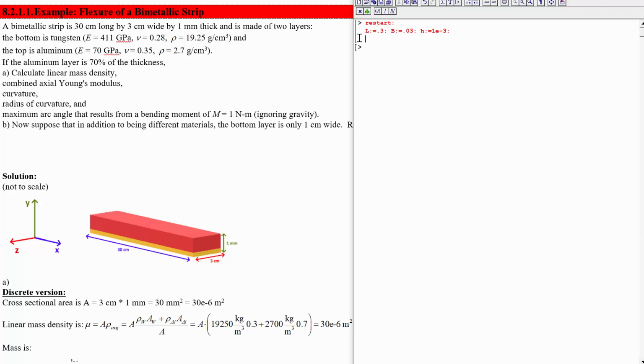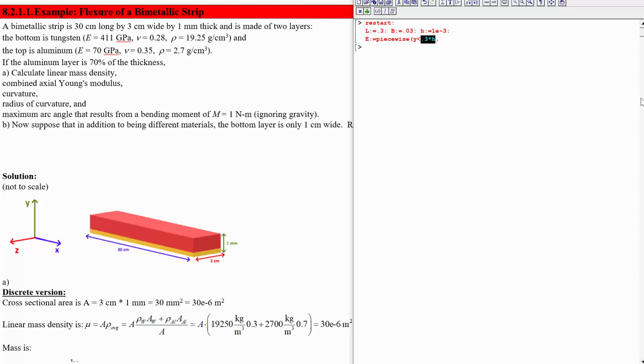So let's suppose that y equals 0 is defined as the bottom, and then we'll say that E is equal to piecewise, if y is less than 0.3 times h, because that's going to be the location of the junction between the two, right? The aluminum layer, which is on top, is 70% of the thickness, so that means the tungsten is 30% of the thickness.